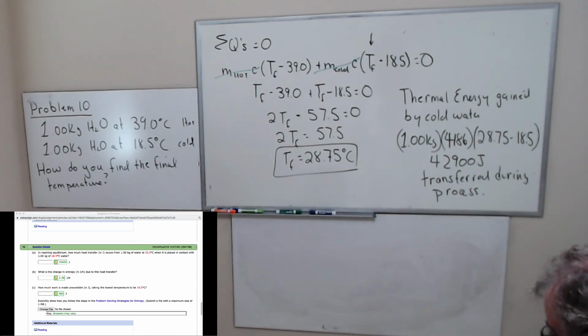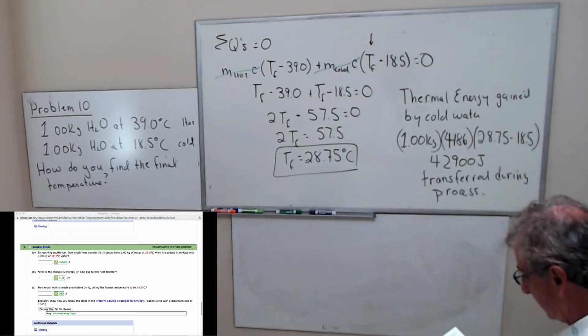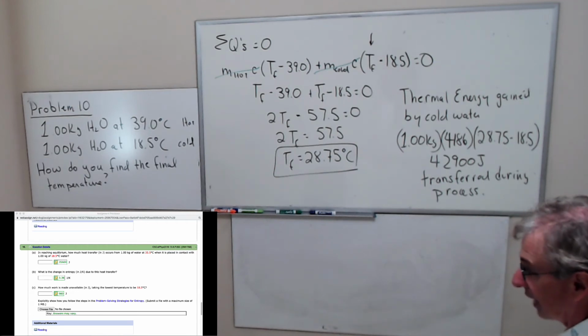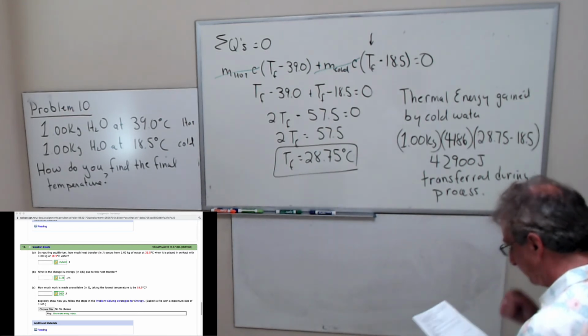Part B says, what is the change in entropy due to this heat transfer? So you want the total change in entropy. It's unusual the way they state this, but that's fine. Because you can't write change in entropy just Q over T, because the T changes during the process.